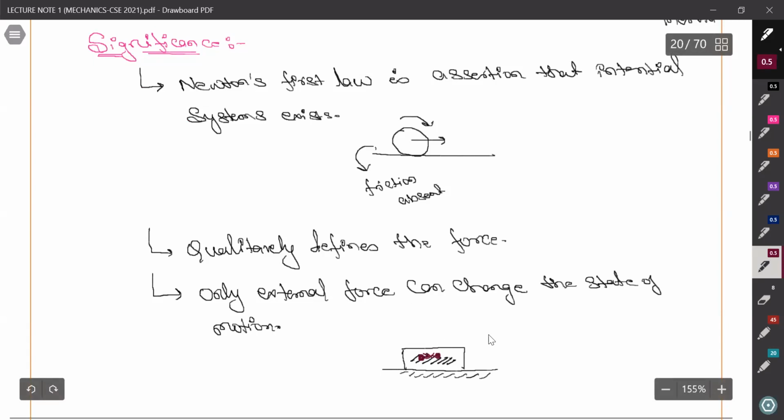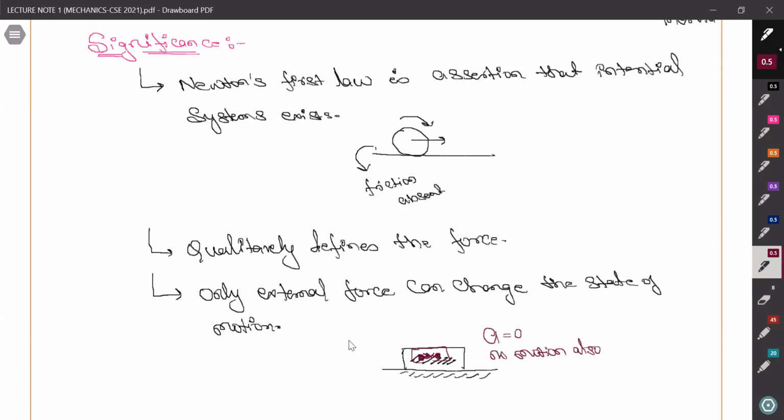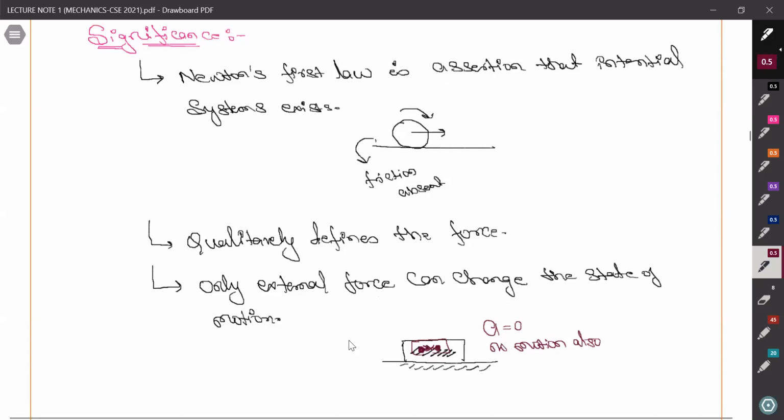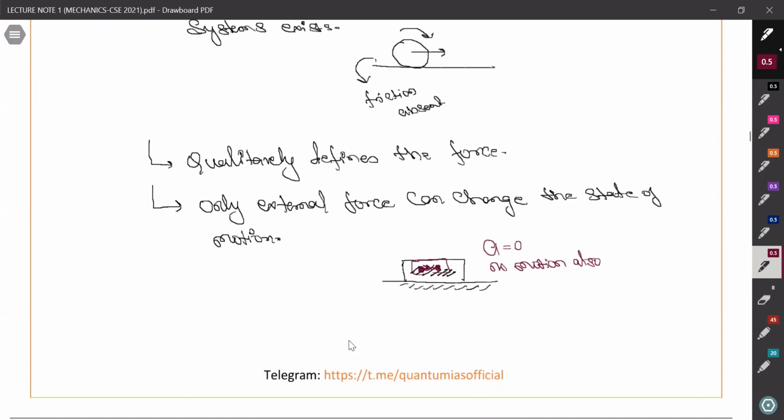But there is no acceleration, no motion, because these forces are internal forces, and internal forces cannot change the state of motion of the object. If we are talking about the point, then it cannot change the motion of the point. If we are talking about the system, then it cannot change the motion of the system as a whole.